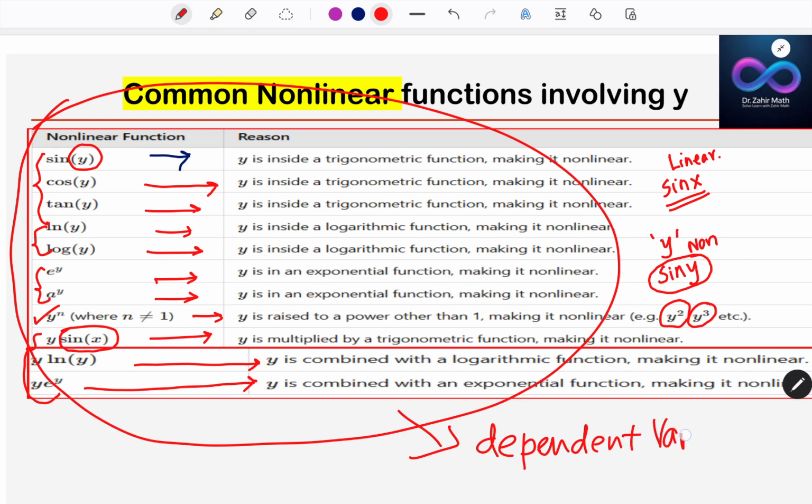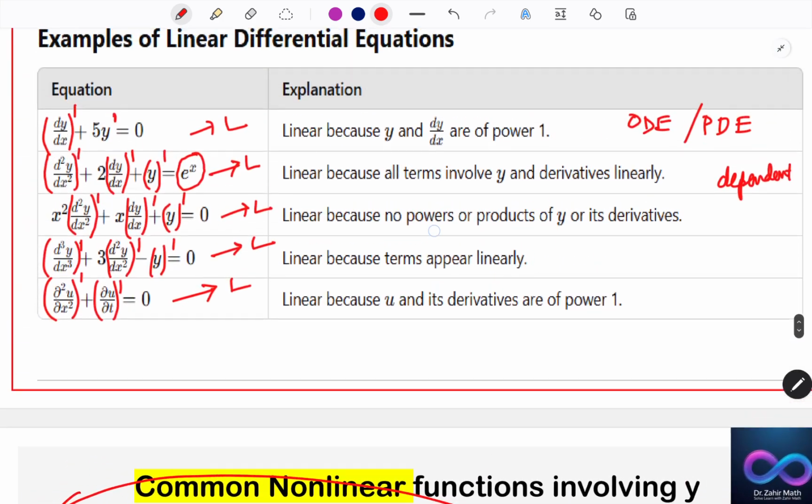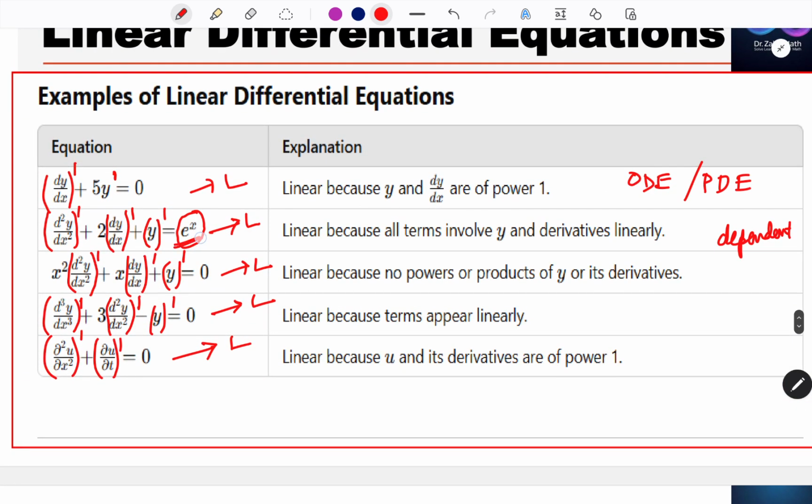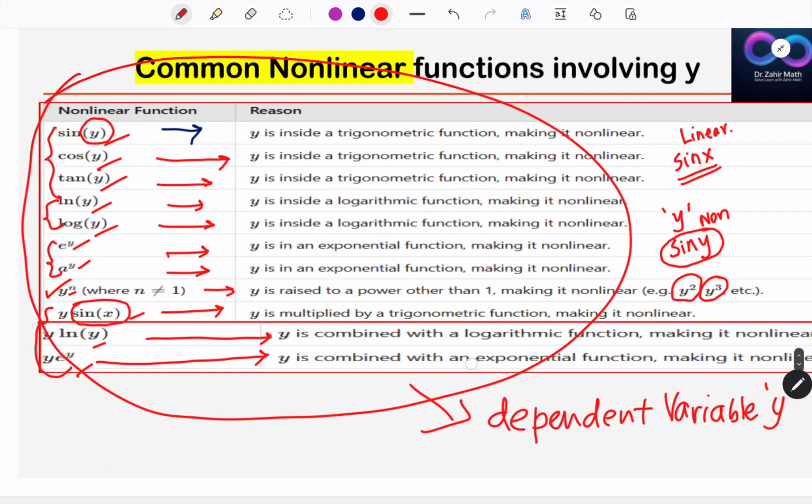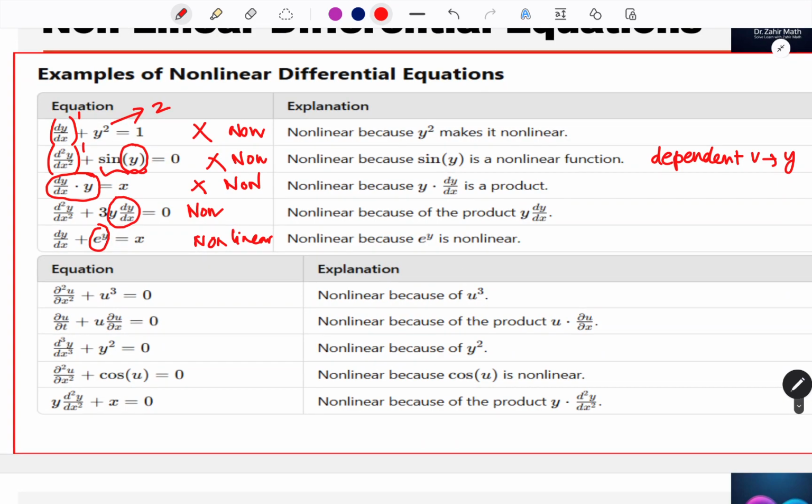The dependent variable y. Look at all the equations, all the functions here. But in this equation, it is e power x. That is why this is linear. But when you come to the examples for non-linear, this is e power y. So it's non-linear. Okay, right.